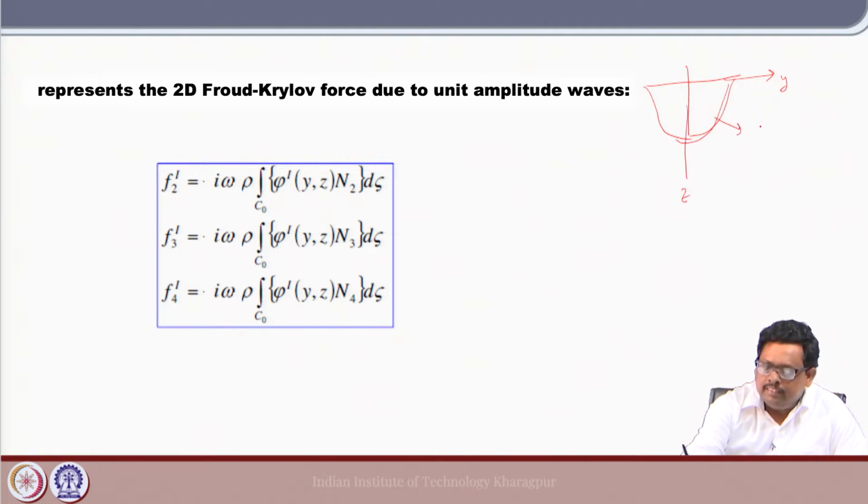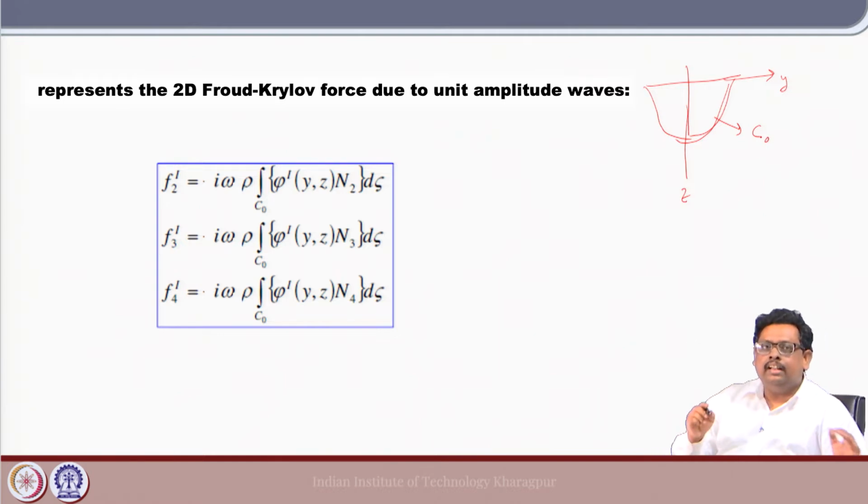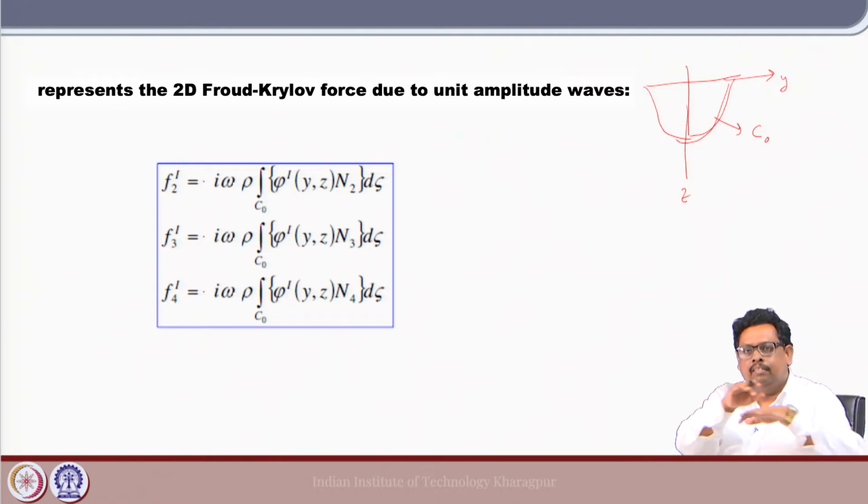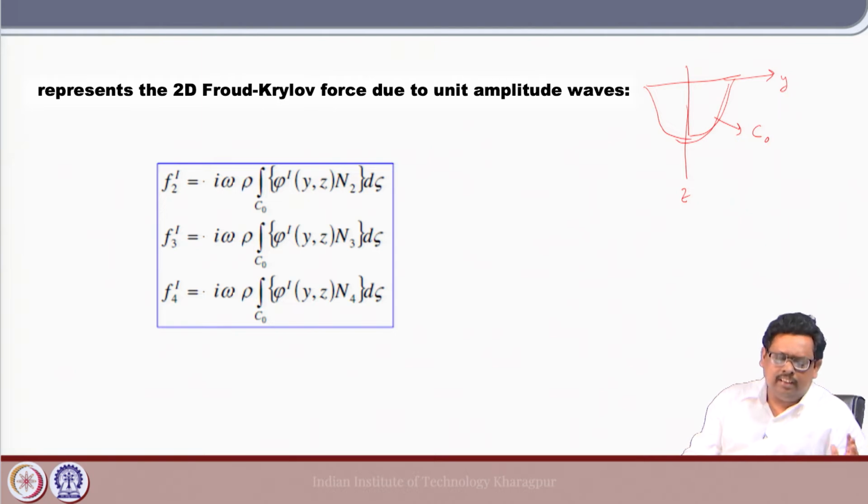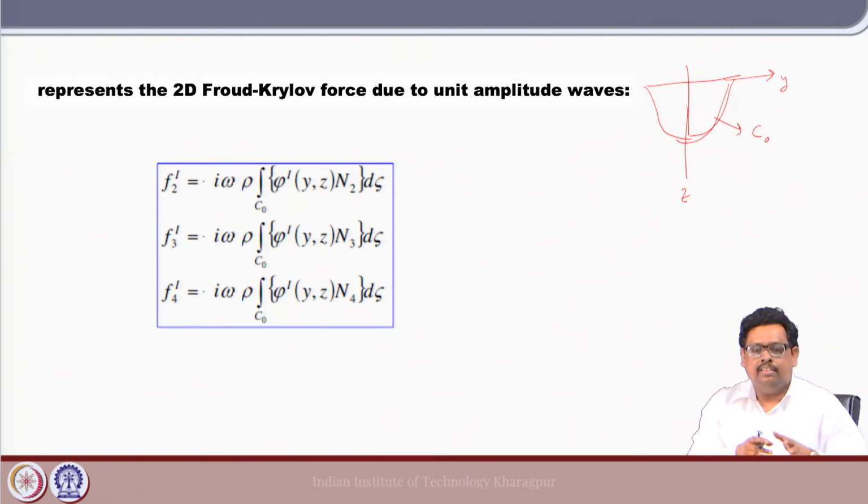So, we can call this C or C 0. Why 0? 0 is basically because I am integrating upon the mean wetted surface. If I want to do it for the exact wetted surface, in that case it should be C B. So, let us not go into that, let us restrict our attention to the linear case.